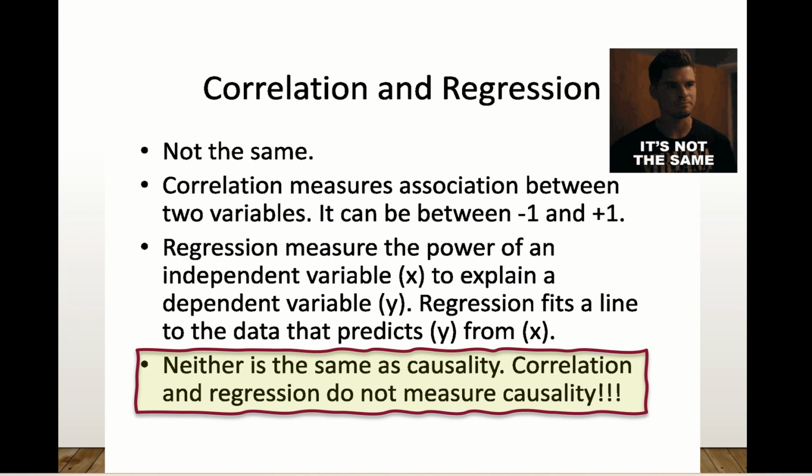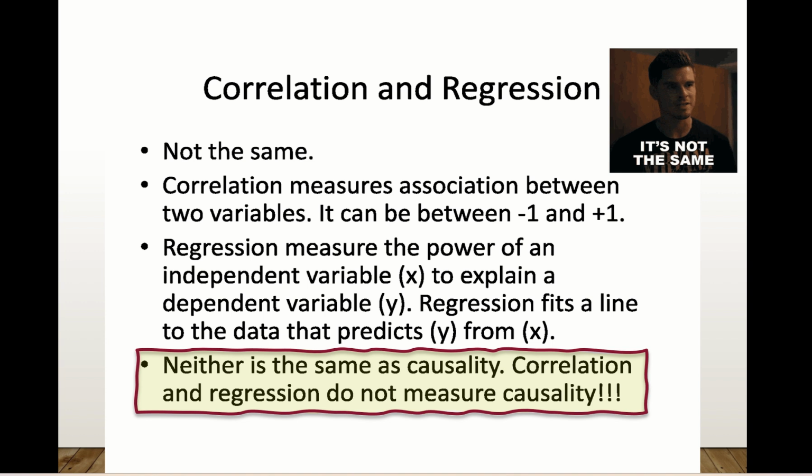So correlation basically measures the association between two variables, right? And it can quantify that association using a stat called the R stat, going from -1 to +1. Regression is different, right? Regression analysis is used to try to determine how much of a dependent variable can be explained by another variable, the independent variable.